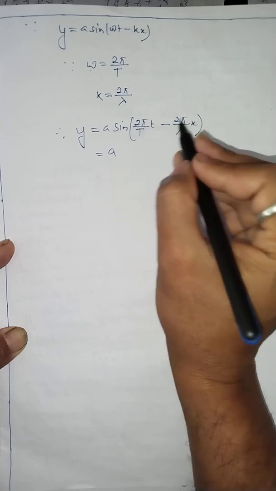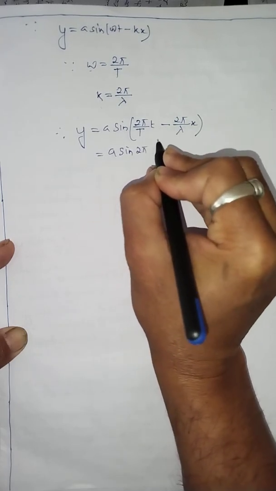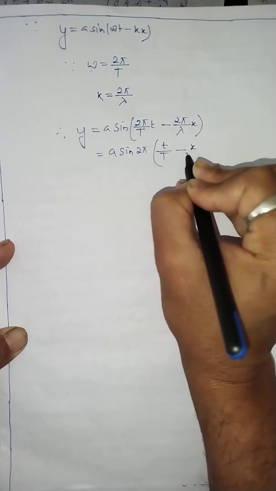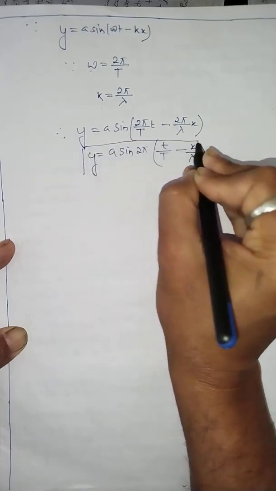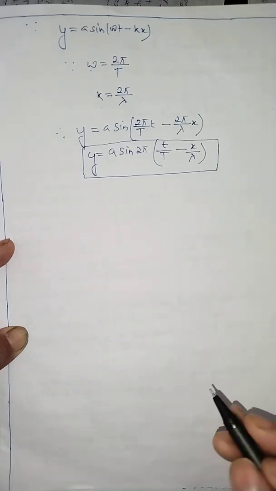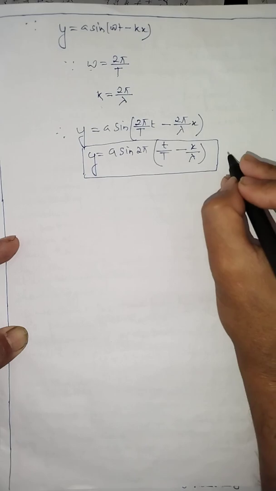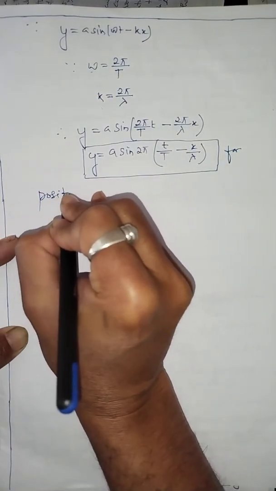So y equals a sine 2 pi, in bracket, t by T minus x by lambda. So we got another important relation that measures the displacement of a particle in a plane progressive harmonic wave. This is for the positive direction.